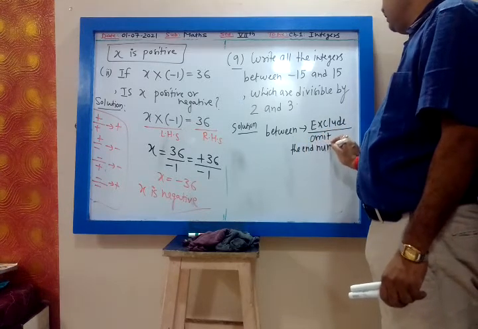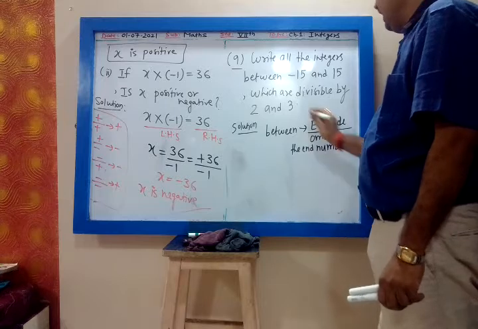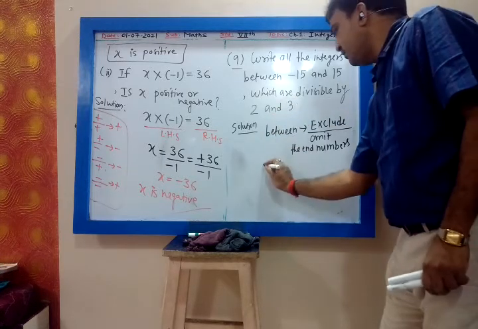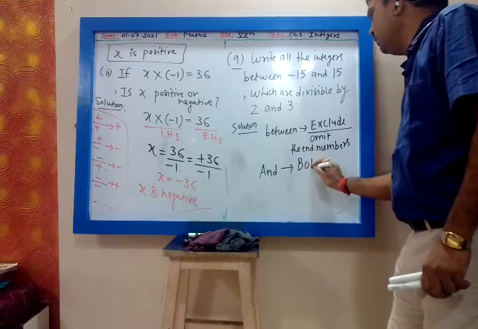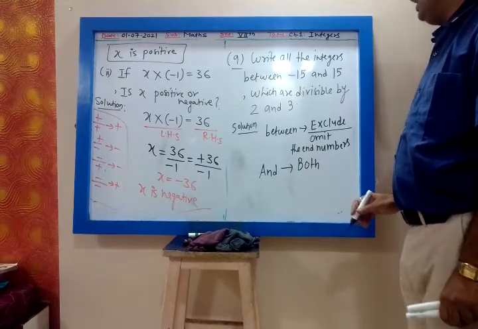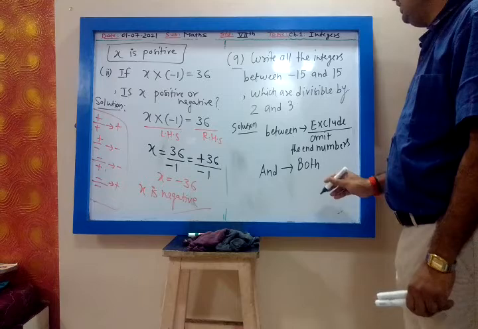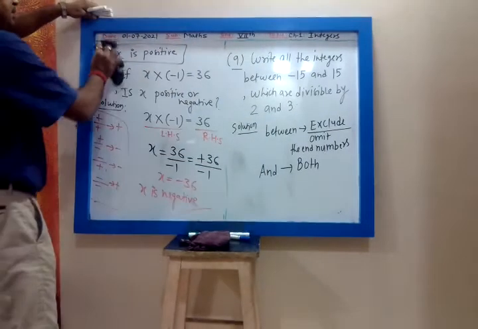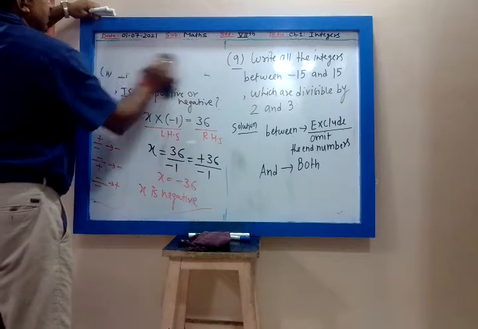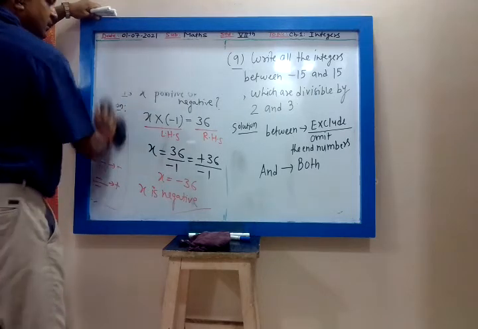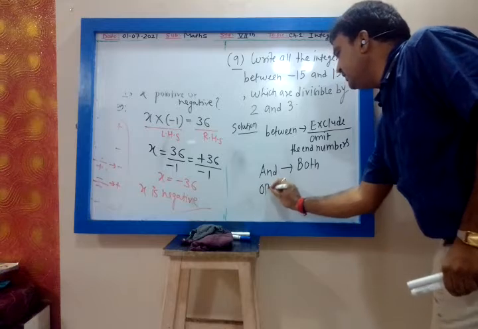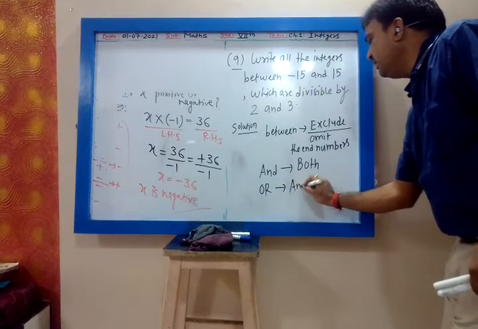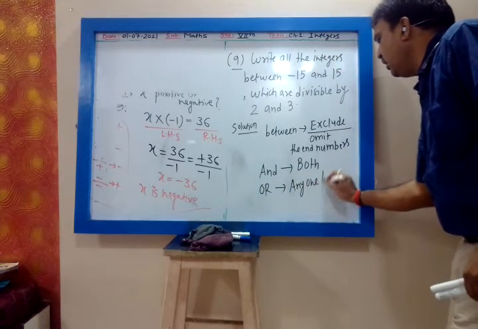And means both. Is it clear? So and means both, and between means you have to exclude the end numbers. That's all. And means both. Then or means anyone. Or means anyone or both.